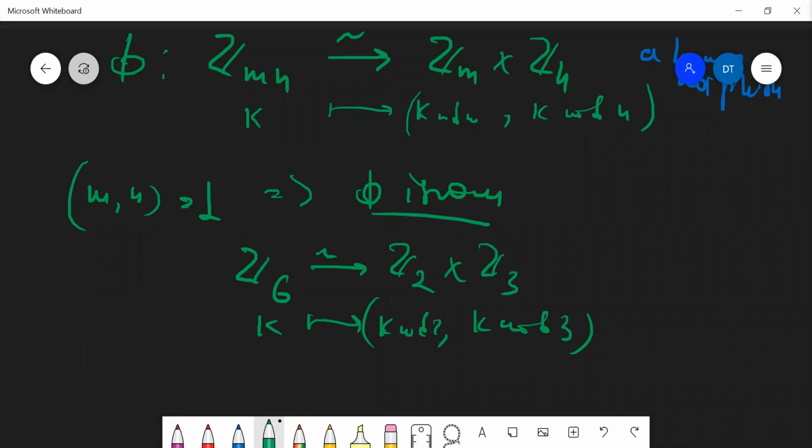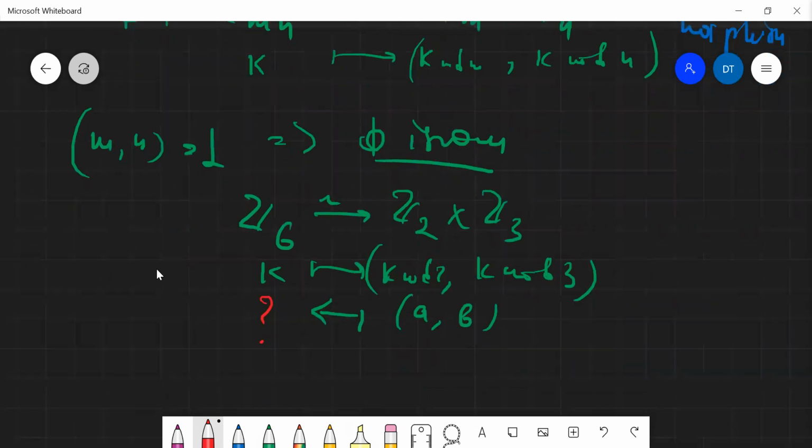For example, if you are given a pair of elements here, a and b, where a is a remainder modulo 2 and b is a remainder modulo 3, then there must be a rule which takes this pair back to a remainder modulo 6. So I want to discuss how to find this rule. Of course, in this particular case, you may list all the elements on the left.